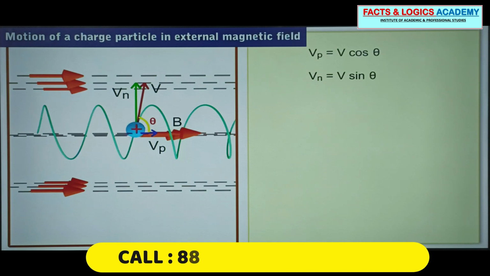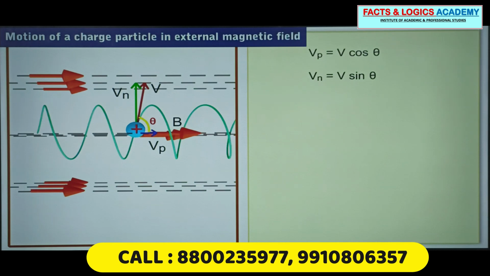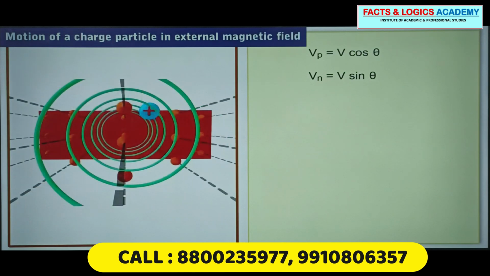The charged particle moves along the magnetic field due to the parallel component of velocity Vp. At the same time, due to the normal component of velocity Vn, the charged particle moves in a circular path with radius r equal to m into Vn by BQ.